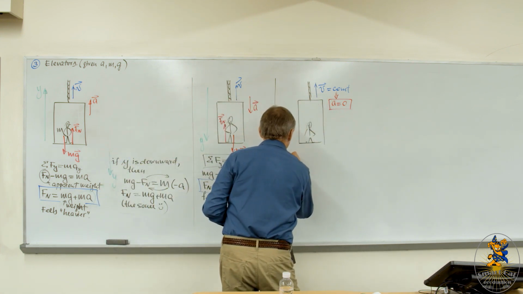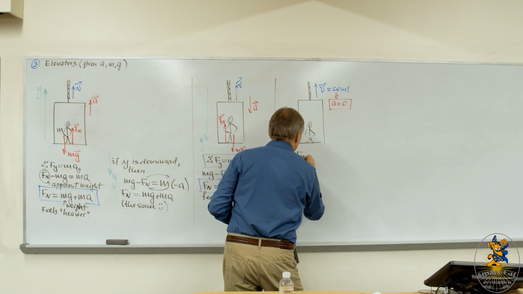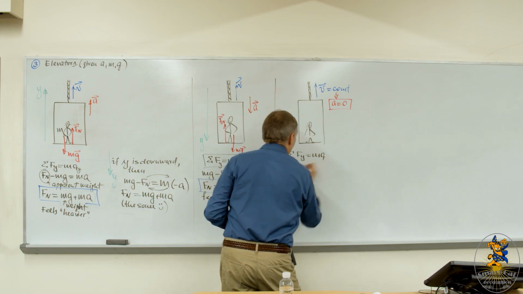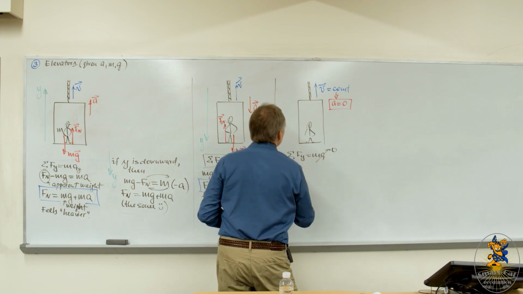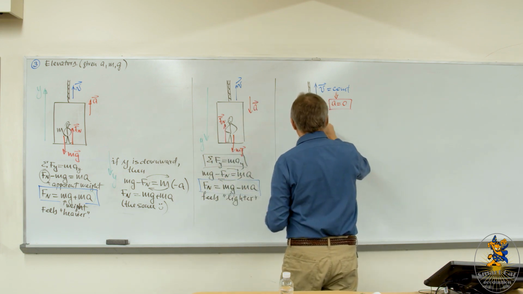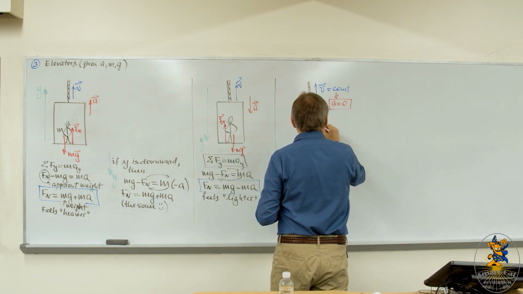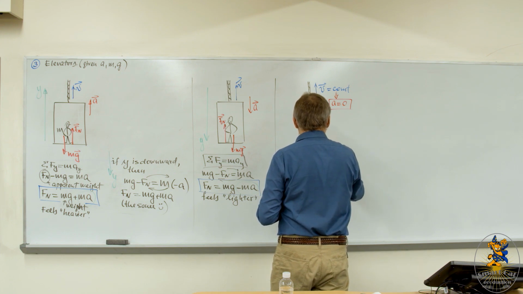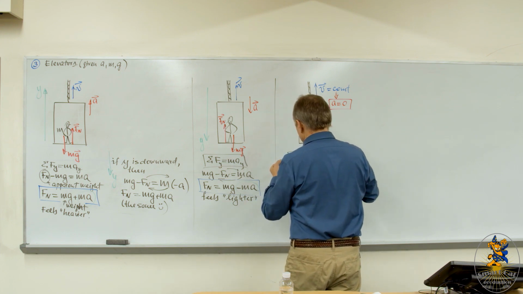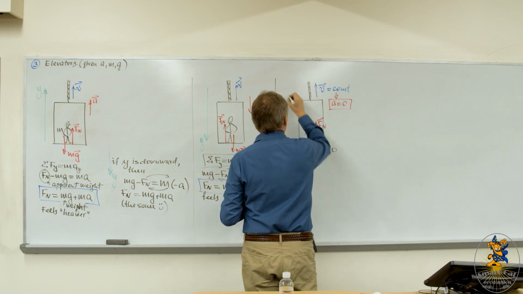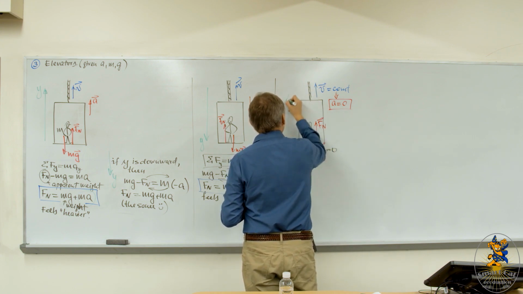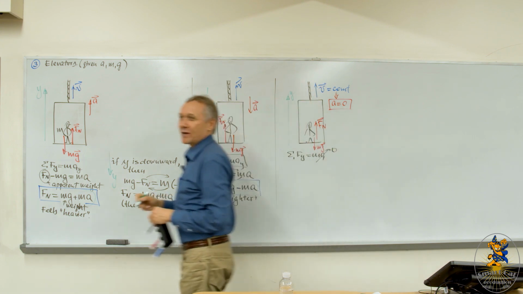And acceleration is 0. So in this case, I can still draw the same forces. Normal force, force of gravity. I can introduce a coordinate system to be precise. It doesn't matter which direction, upward or downward.